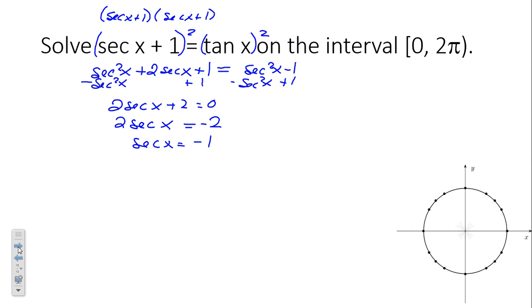And then we ask ourselves, where's the secant going to be negative 1? Secant is the reciprocal of cosine. So where's the cosine negative 1? 180 degrees, which is the equivalent of pi.